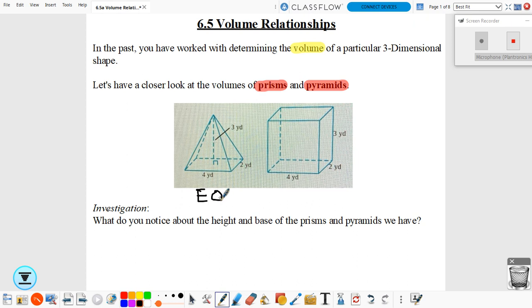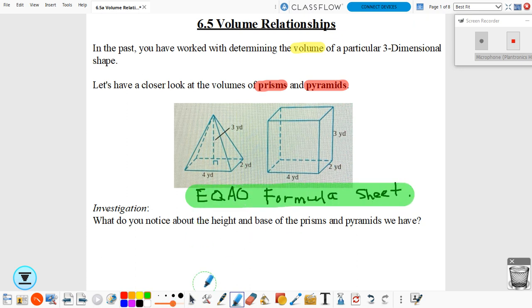EQAO formula sheet. I believe when I printed it off for you, it was blue. So we could look at the EQAO formula sheet and calculate the volumes of these things. Great. I don't actually want us to do that right away, but I do want you to know that you do have the formulas to do that on the EQAO formula sheet.